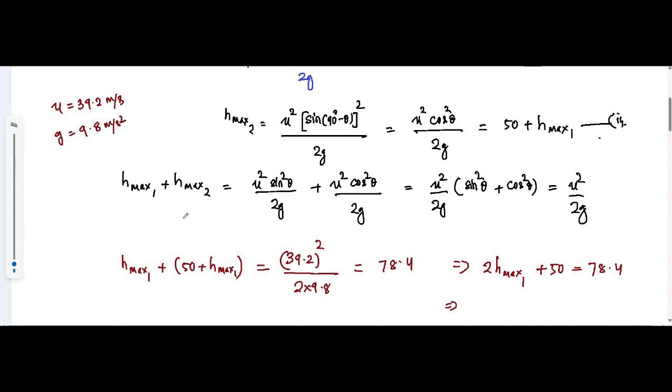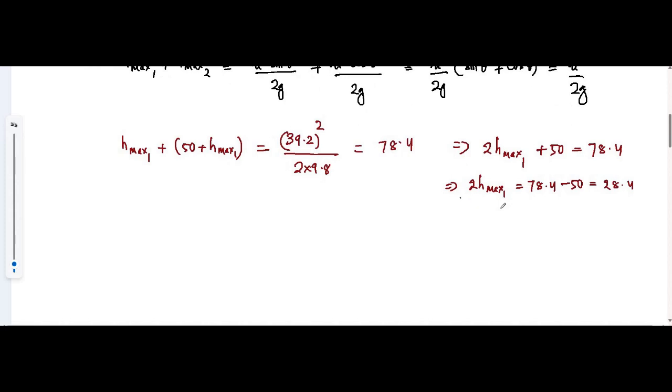That implies 2 H max 1 is equal to 78.4 minus 50, which is equal to 28.4. That implies H max 1 is equal to 28.4 by 2, which is equal to how much? 14.2 meters.